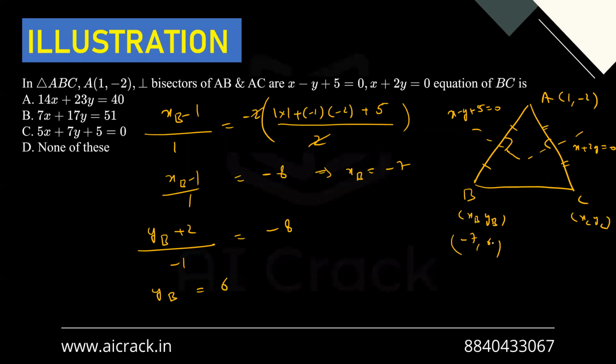Now let's look at the second one. For that I'll draw the diagram over here. So this point is (1, minus 2).